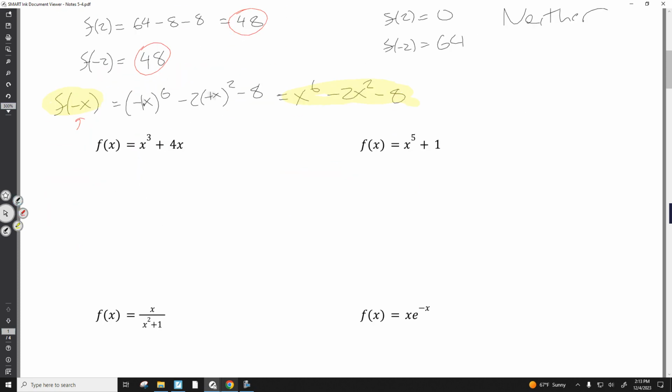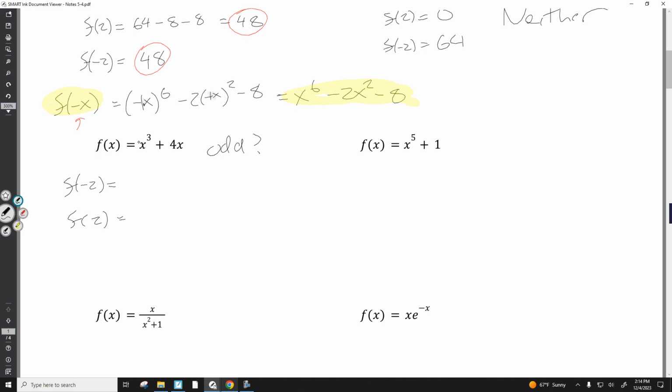Here, we got x cubed plus 4x. I see odd powers. I think it's odd, but I don't know for certain. I will always check is the key to this lesson. Don't just assume, because you're probably going to be wrong. I'm going to start by plugging in -2 and 2 and see what the y values are.